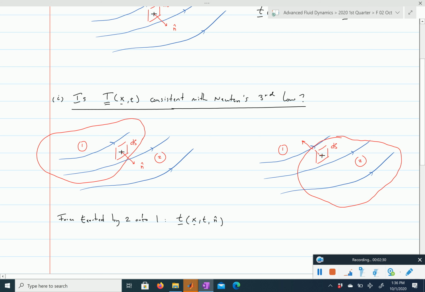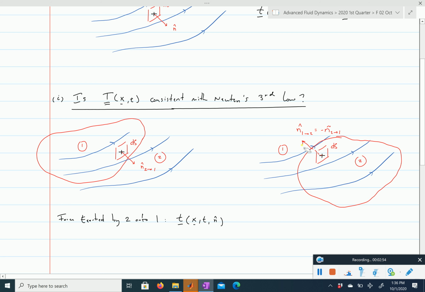And so if I keep this notation, this vector would be minus the previous one. So let me call this vector n2 onto 1, and this is n1 onto 2, and that would be equal to minus n2 onto 1.